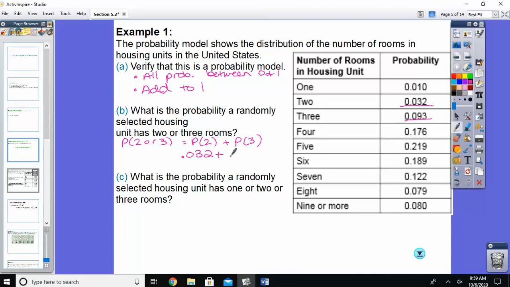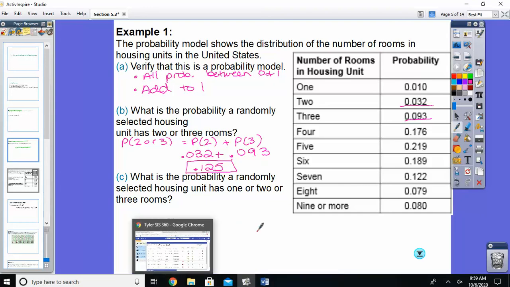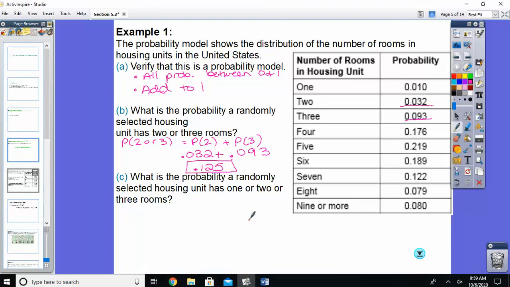Probability of having 3 rooms is 0.093. Adding those together, you get 0.125. So if I asked you to interpret it, there's a 12.5% chance that you have either 2 or 3 rooms in your unit.